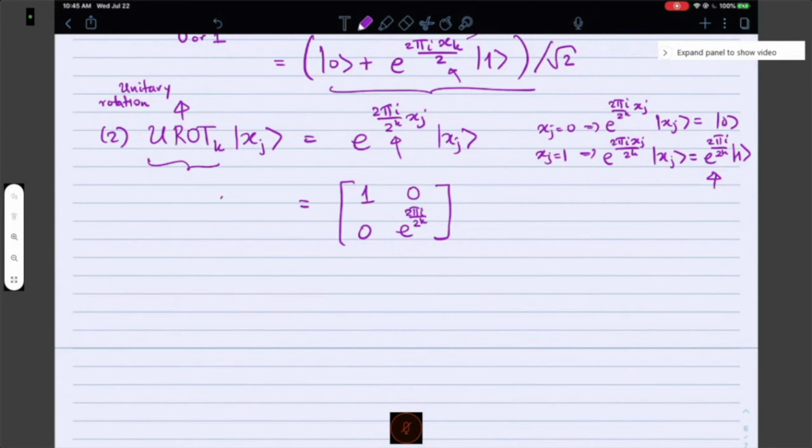That's the definition of that matrix. So we'll need that exact matrix in order to do our work. So the job of this matrix is to apply phase e to the 2 pi i over 2 to the k for state 1.